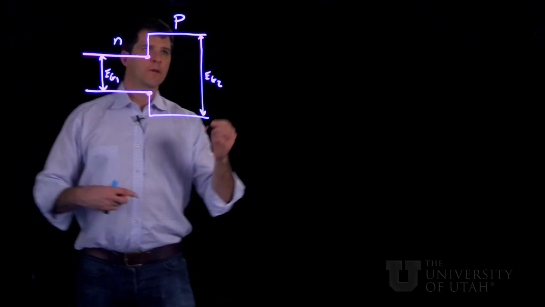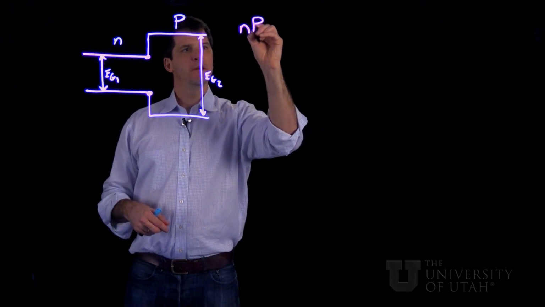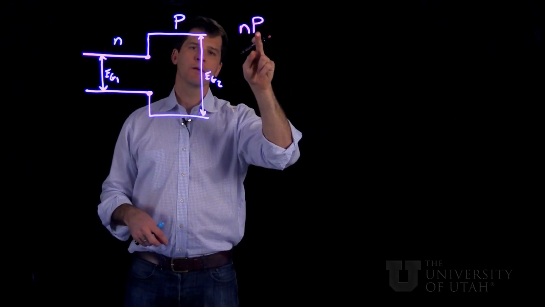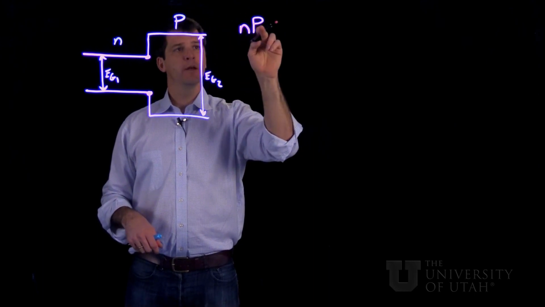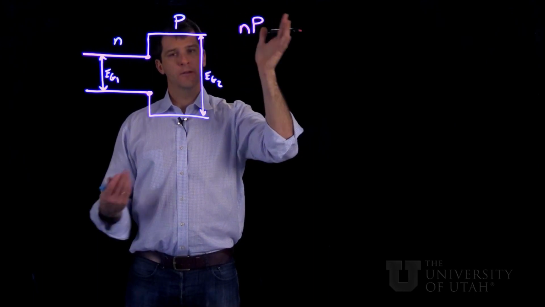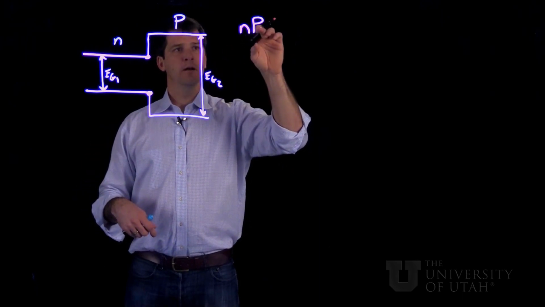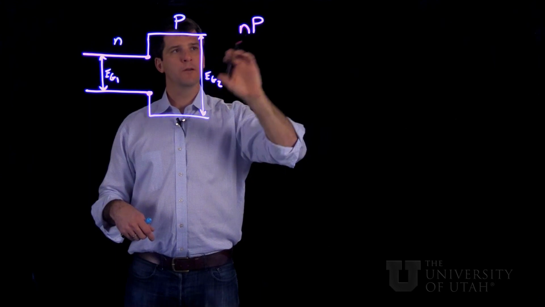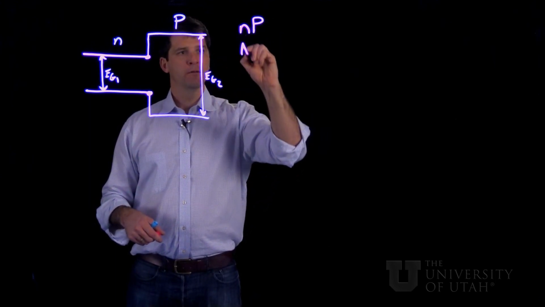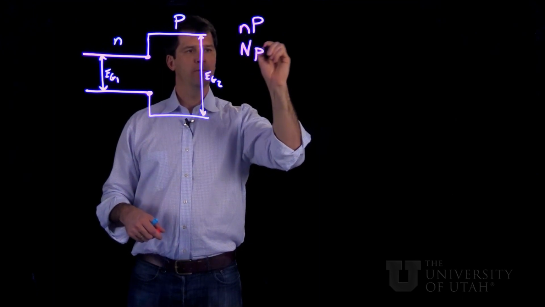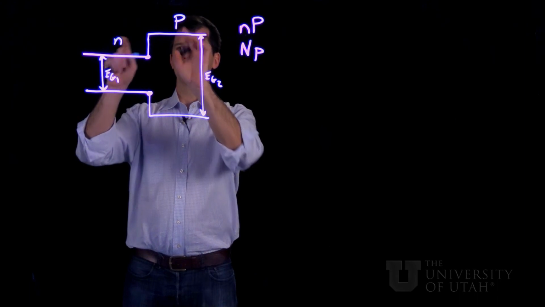And by convention, this could be written as nP like this, lowercase, uppercase, to denote that the p-type doped side has the larger band gap. So if you have E gap 2 being larger, you write that one as a capital letter. And you could also have a Pn heterojunction similarly if we reversed these but kept the dopings the same.